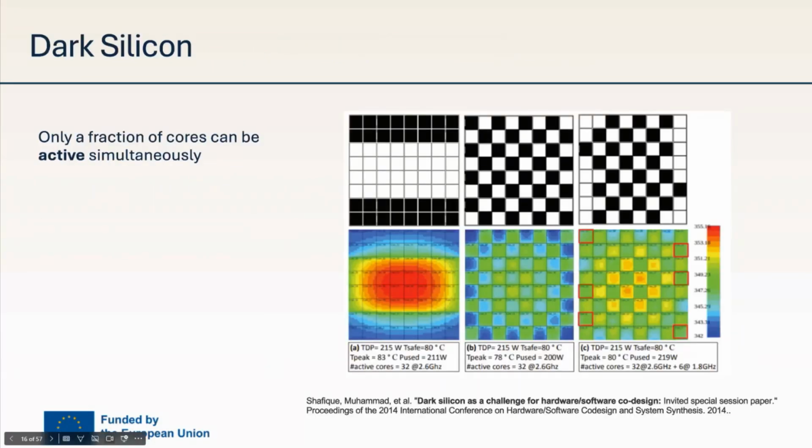One of the critical thermal challenges in modern chip design is the dark silicon phenomenon. This occurs when only a fraction of cores on a chip can be active at a given time due to the power and thermal constraints, while the rest must remain inactive, or dark, to prevent overheating.